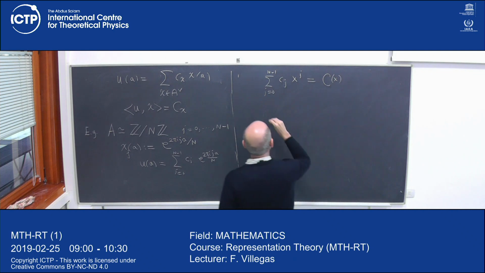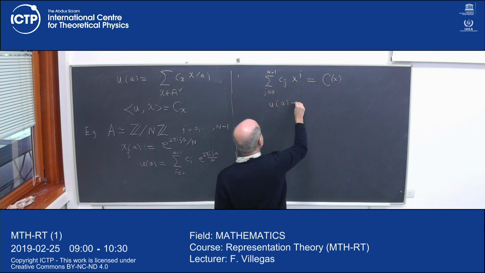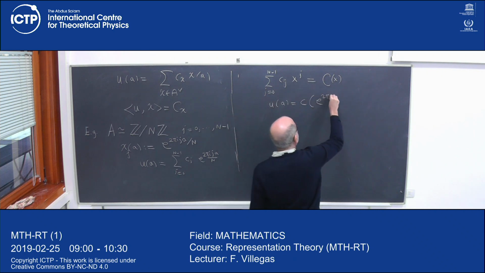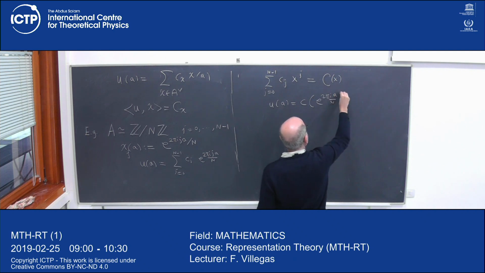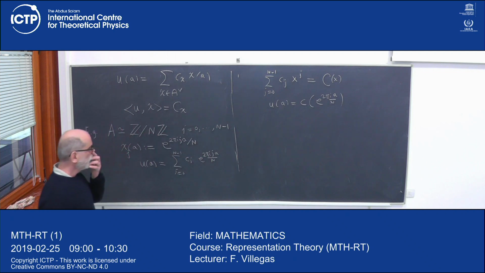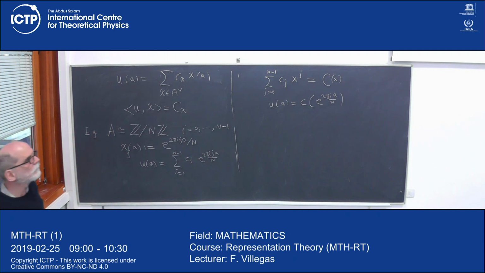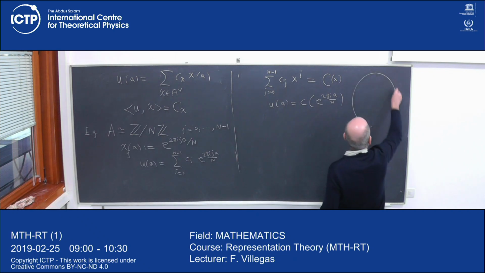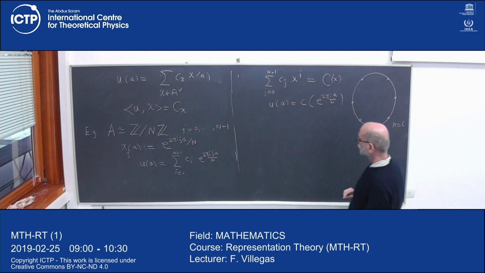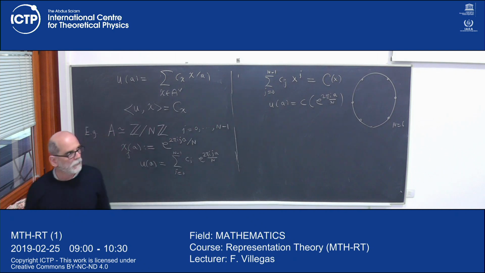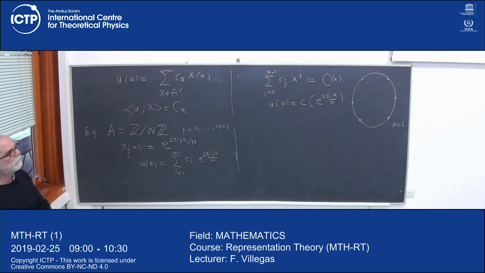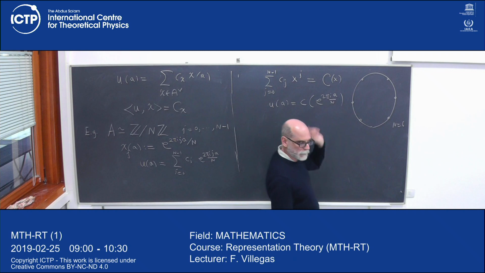X now is a dummy variable, and what we're saying is that U of A is C of e to the 2 pi i A over N. So what we've done in a convoluted way is to show that if we look at the nth roots of unity, so this would be n equals 6, a function of the indices 0 through 5 modulo 6 can be uniquely given by a polynomial evaluated at these roots of unity.